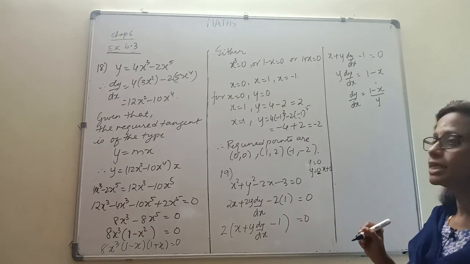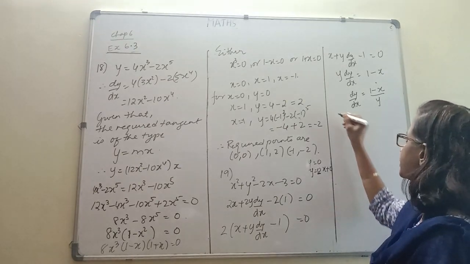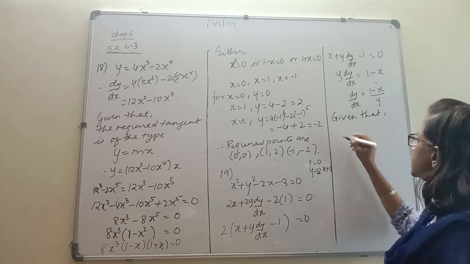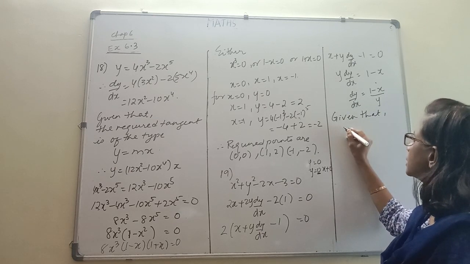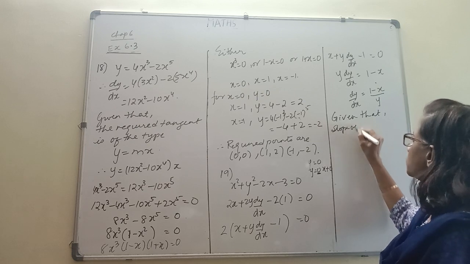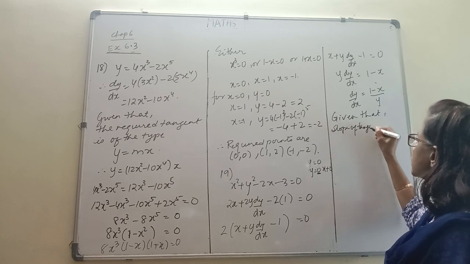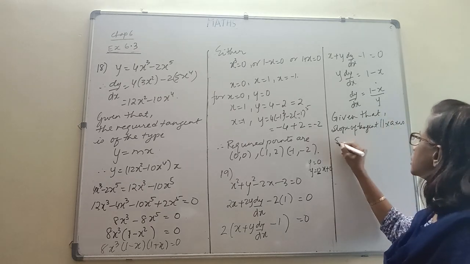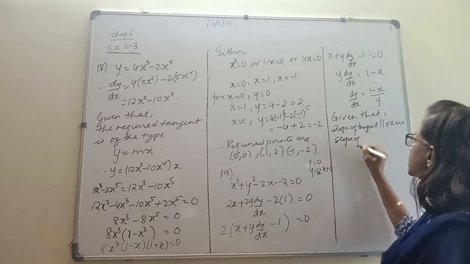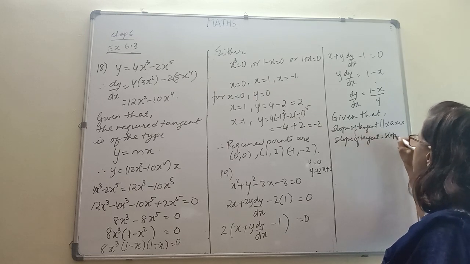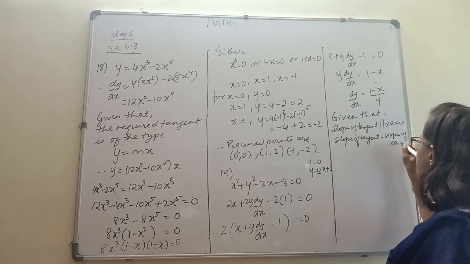Now they say that the slope of the tangent is parallel to the x-axis. So it means the slope of the tangent is equal to the slope of the x-axis.